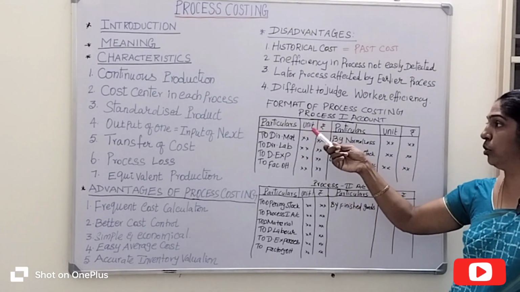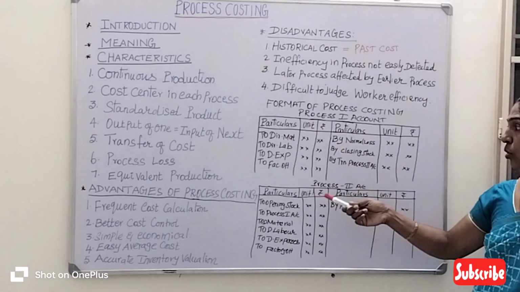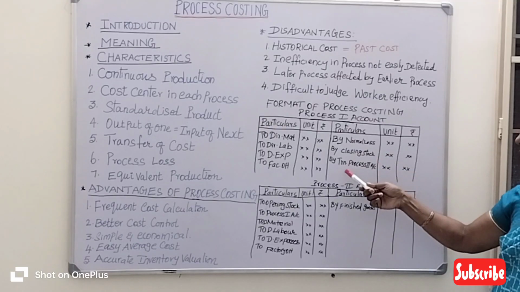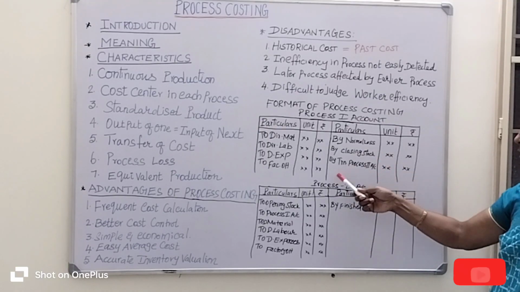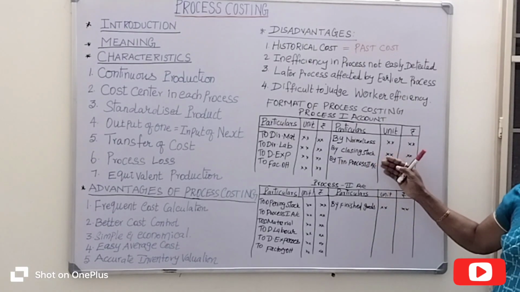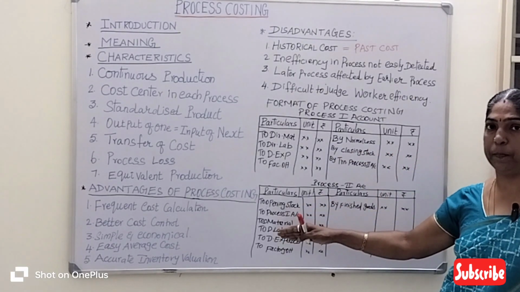Okay, and the input you have to enter on the debit side. Total output, normal losses and closing stock, after balancing the figure, you enter on the credit side. Then the output is transferred into the next process.